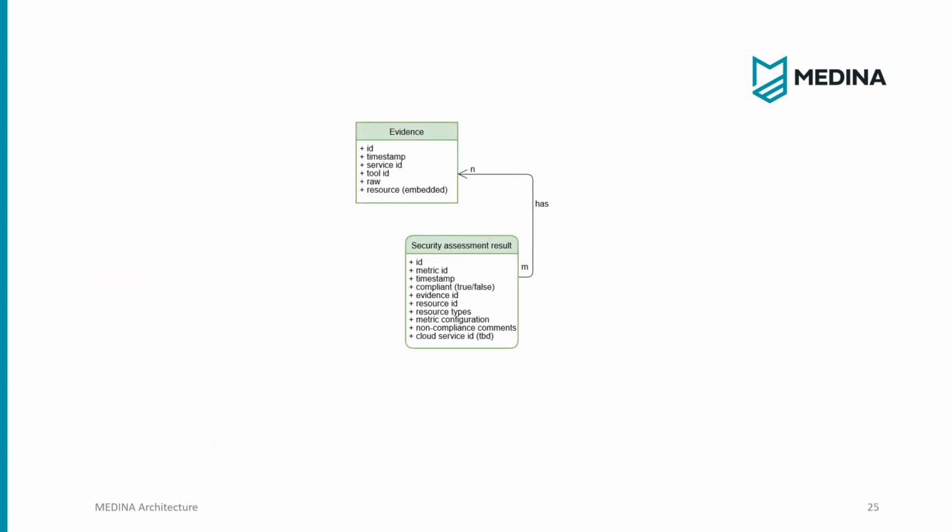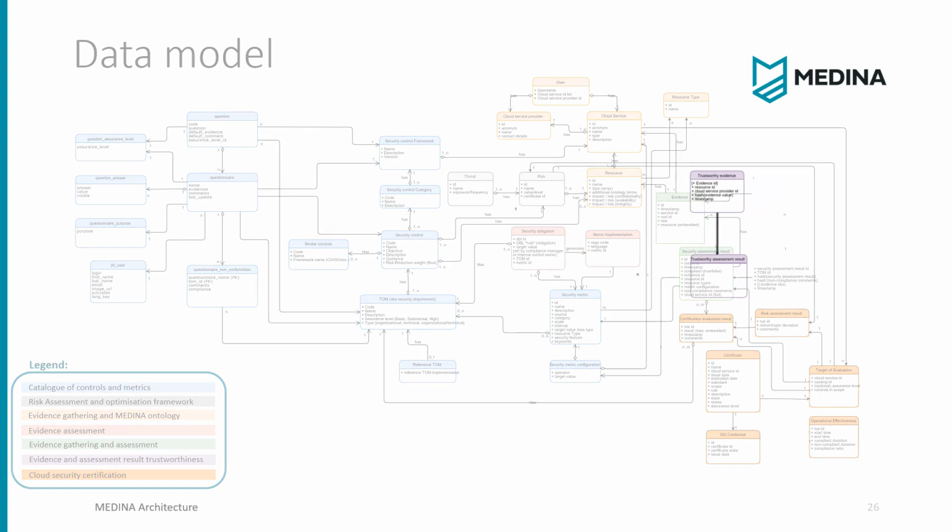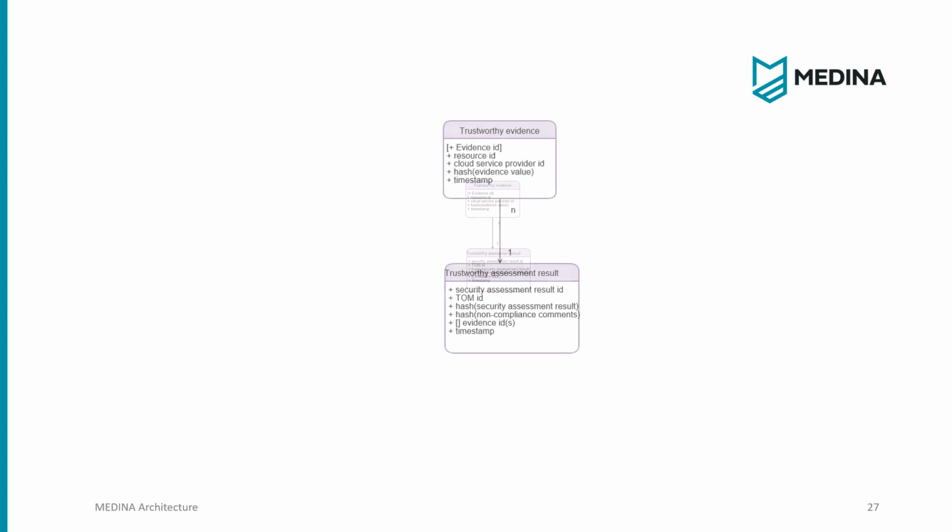The green entities, that is, evidence and security assessment result, were mainly defined for the use by the evidence gathering and assessment components. Purple entities are those needed to implement the trustworthiness of evidence and assessment results.